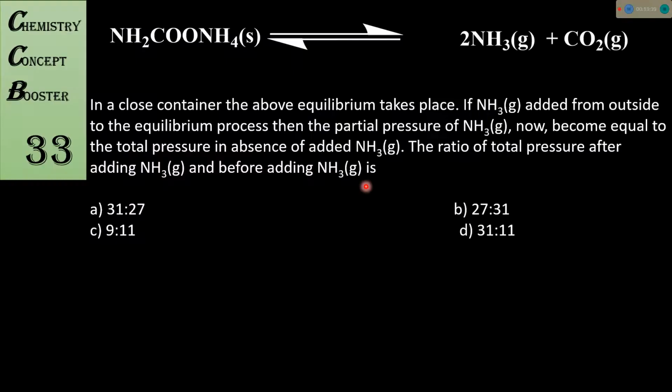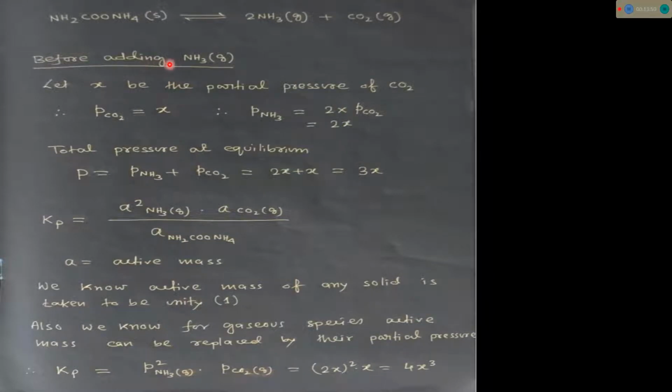In the question they mentioned that now the partial pressure of NH3 gas becomes equal to the total pressure in the absence of added NH3. In absence of added NH3 means before adding NH3, the total pressure at equilibrium is 3x.